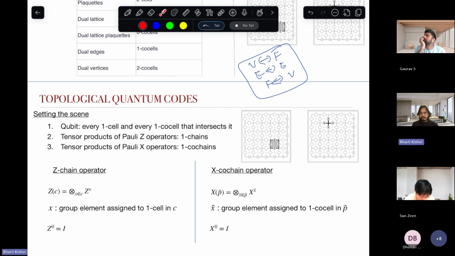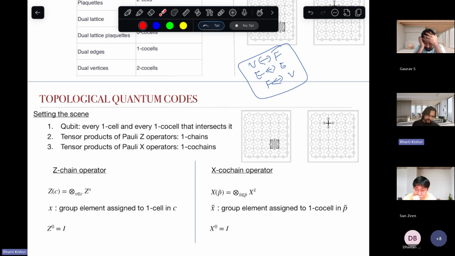So again, you have some one cochain, which is nothing but an assignment of 0 and 1 to the edges. When you assign 0, it means identity there, and when you assign 1, it means X there. So you have something like X tensor I tensor X tensor I.